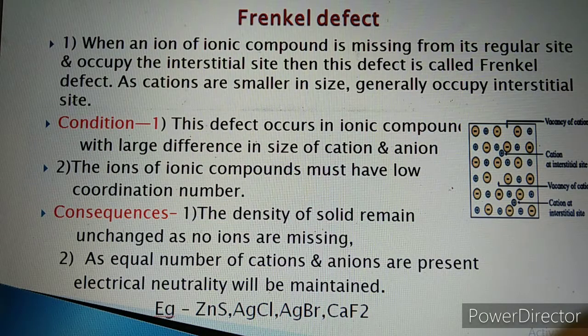Second condition is that the ions of the ionic compound must have low coordination number. If the cations and anions have low coordination number, then only this defect will occur.